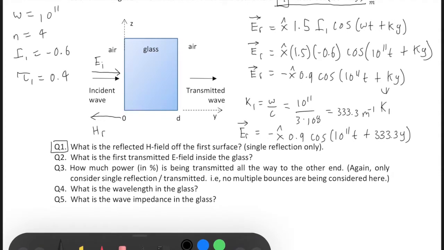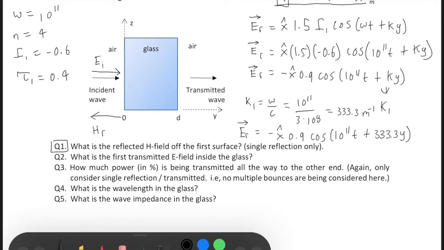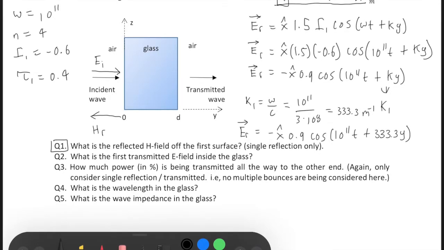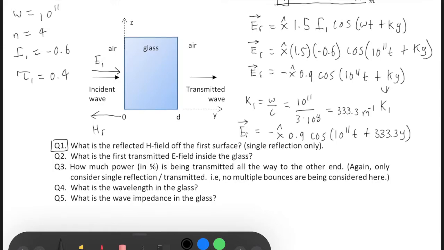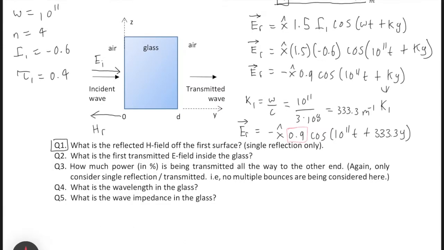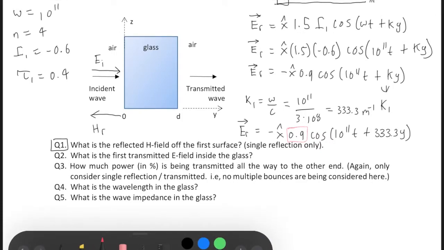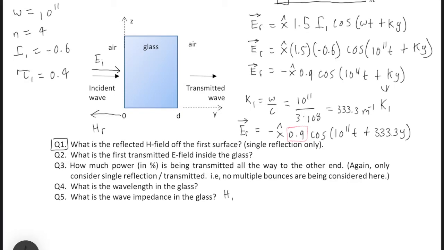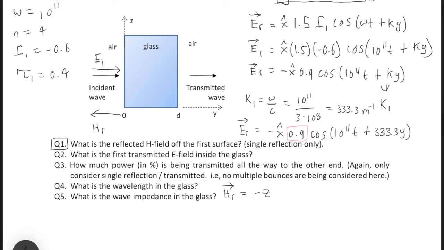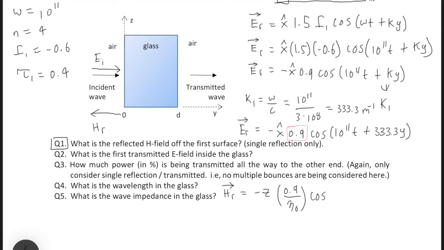So now that we have our E reflected, we can find our H reflected. In order to find the H reflected, we have to divide our 0.9 value by eta naught. So we get H R, H reflected, is equal to negative z 0.9 over eta naught cosine 10 to the 11 t plus 333 y.